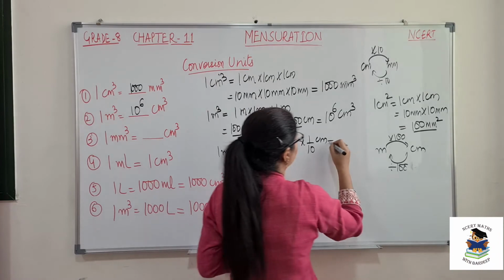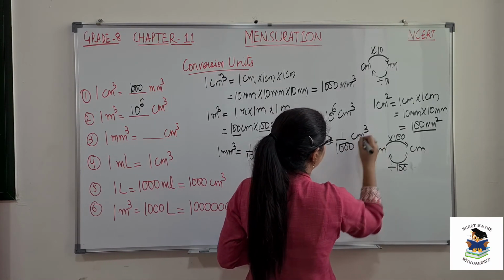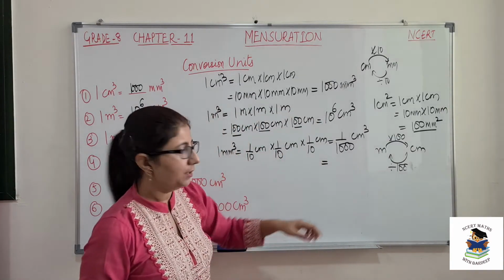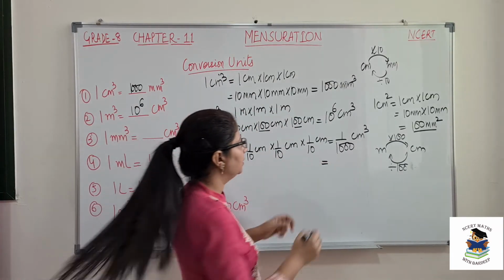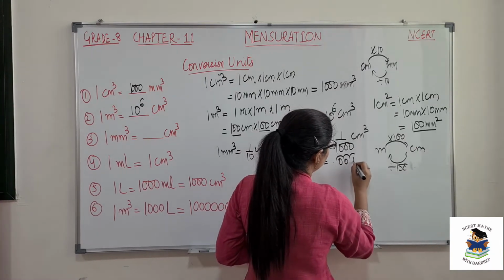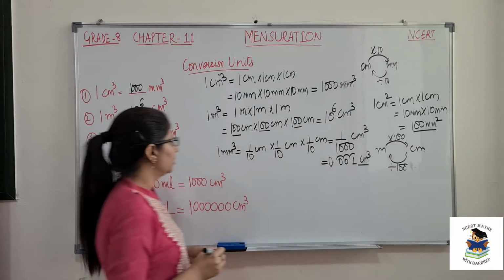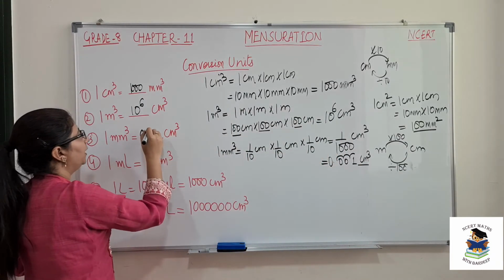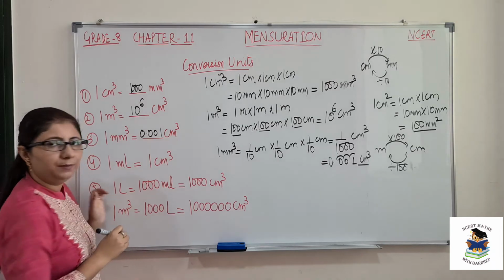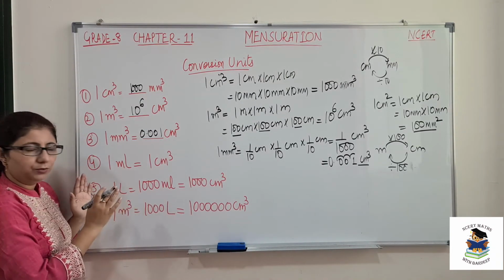So this will be 1 by 1000 centimeter cube. And if we put decimal, 3 zeros here means 3 places towards this, so 0.001 centimeter cube.